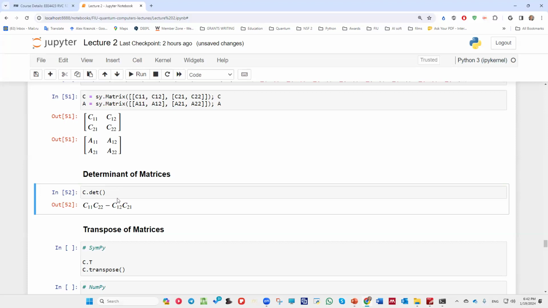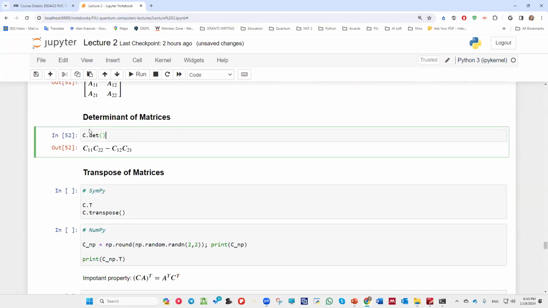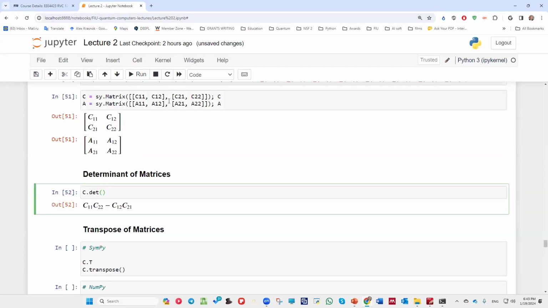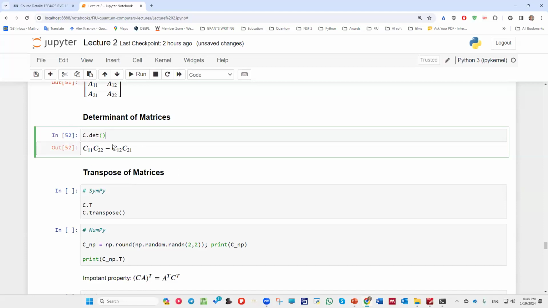I just call the method, the name of the matrix dot determinant with parentheses, and it returns the determinant of this matrix. And if the matrix is more complex, of higher dimension, defining the determinant could be a complex task, but Python does this in one single line of code.